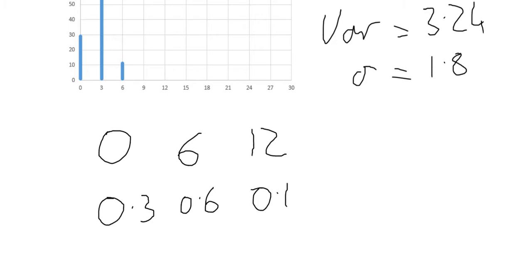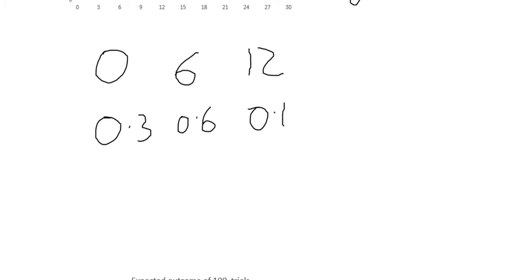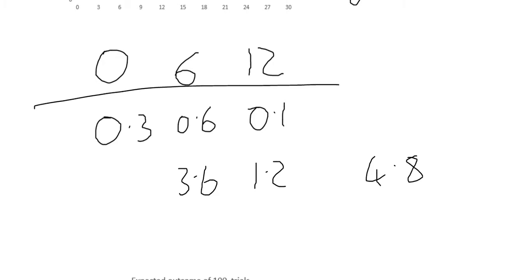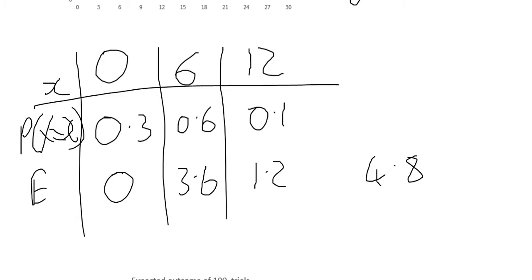So it would give us an expected value of 3.6, 1.2, 4.8. This is x, this is the probability x equals x. And then we're looking for our E of x.